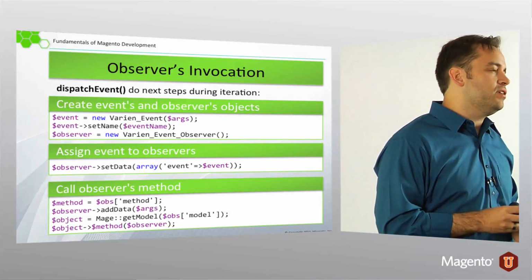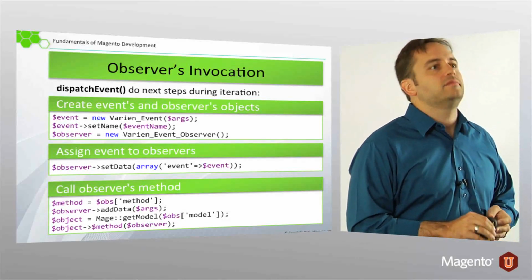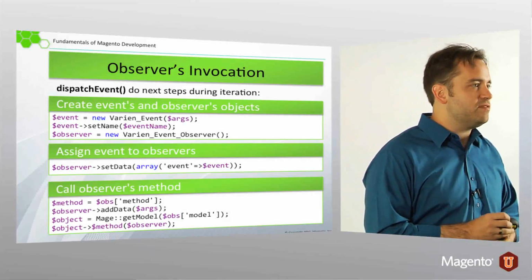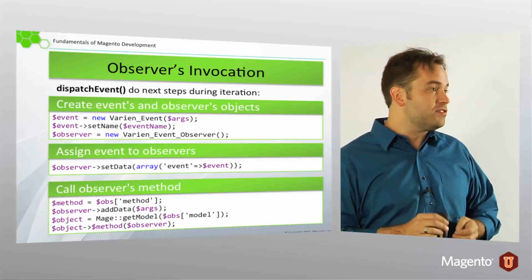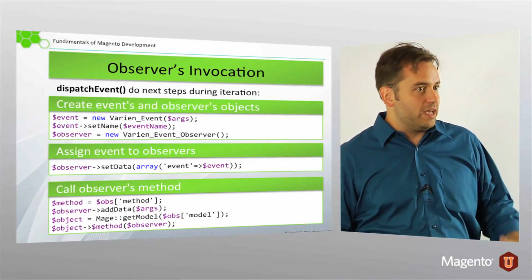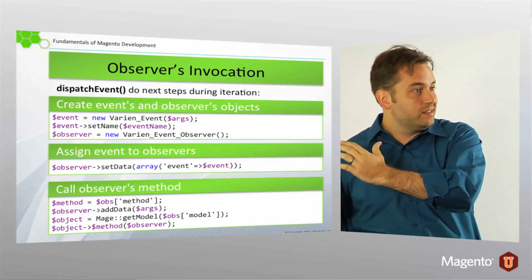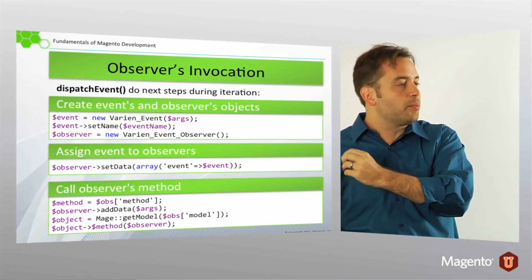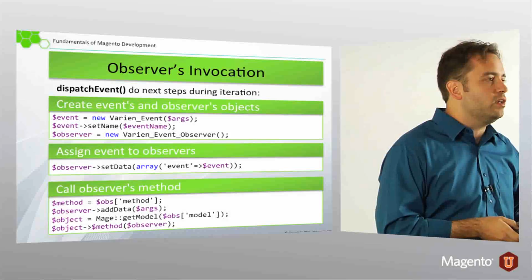through configuration, we cause a model to be instantiated, and then that model receives its data through the observer. Basically, that's how everything's passed in to the model that we want to use to operate on whatever's going on.